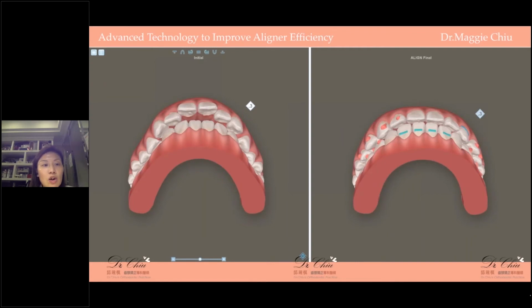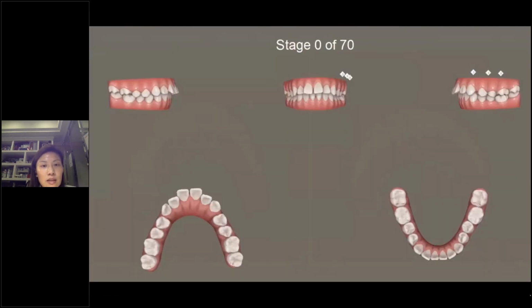For me, usually I use easy mechanics for the aligner system. So it's segmental distalization and class 2 elastics for this case. So this is the ClinCheck. As you can see here, teeth move back one by one on the upper left quadrant. This is nothing new.